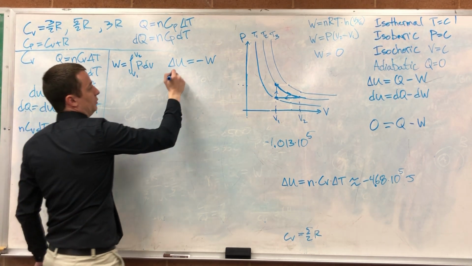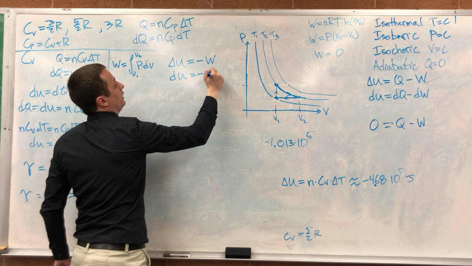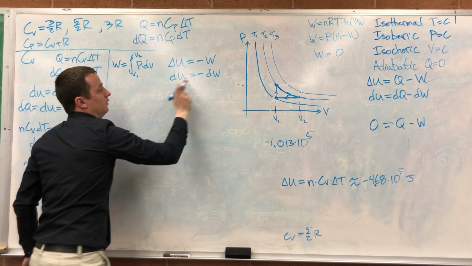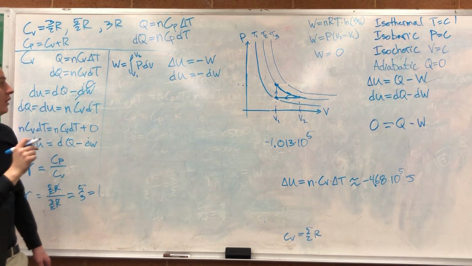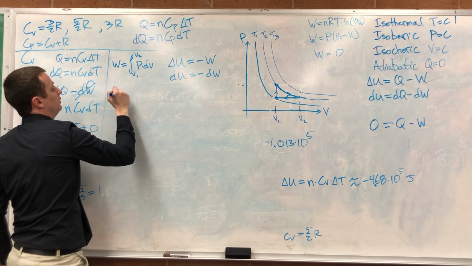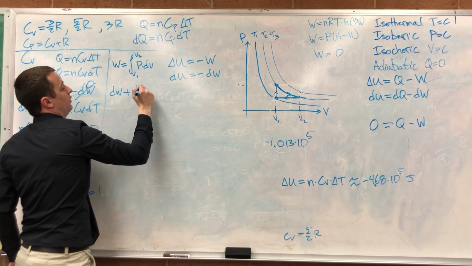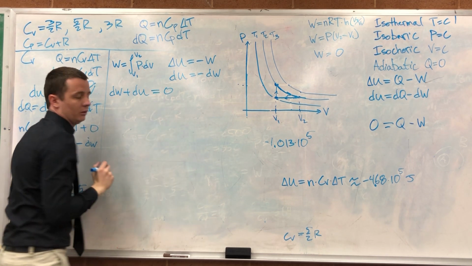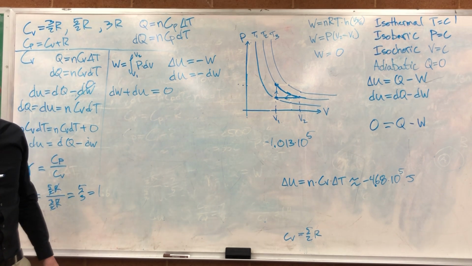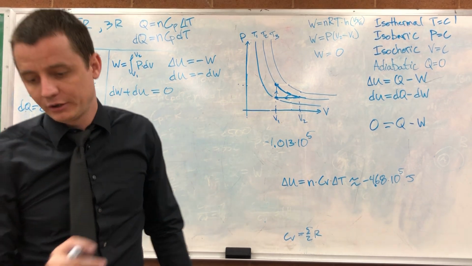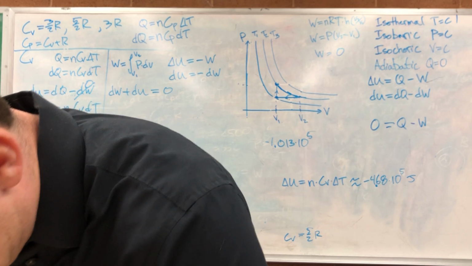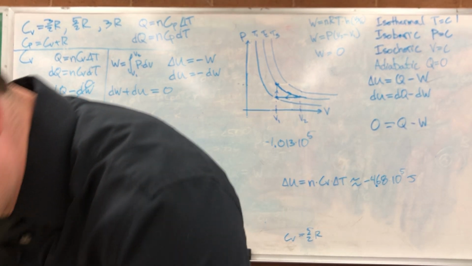Written as an infinitesimal, dU is equal to negative dW, or dW plus dU is equal to 0. Good so far? All right, let's see what substitutions we like.